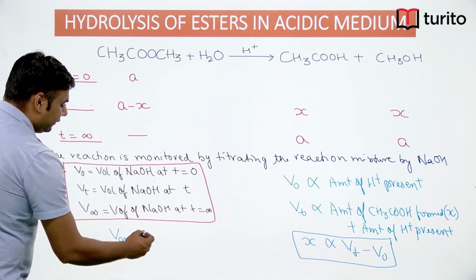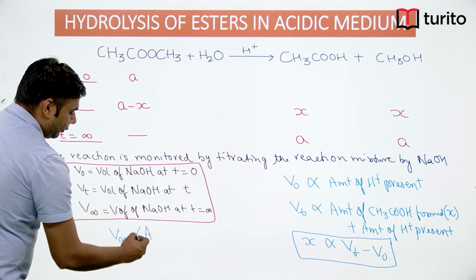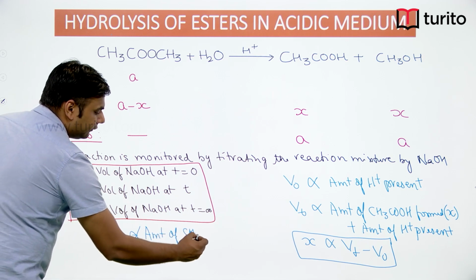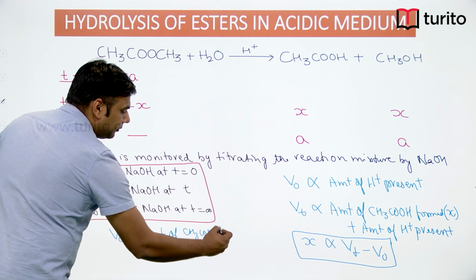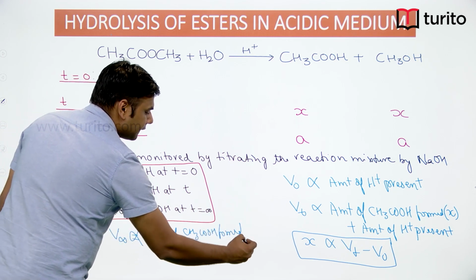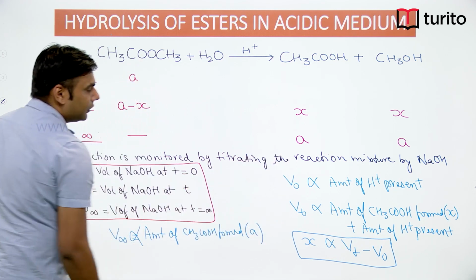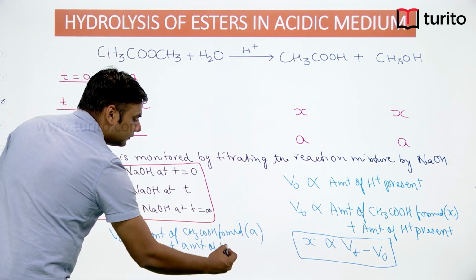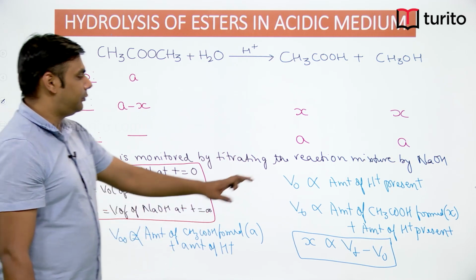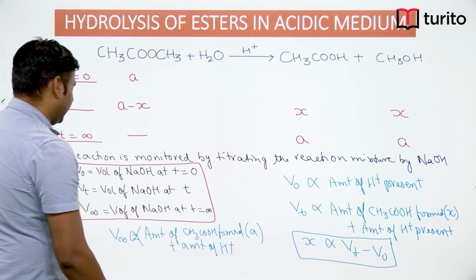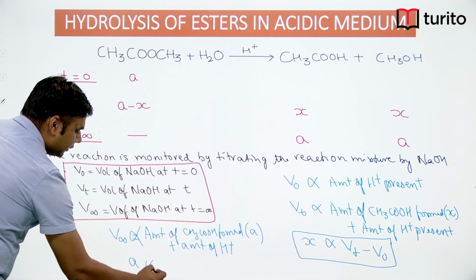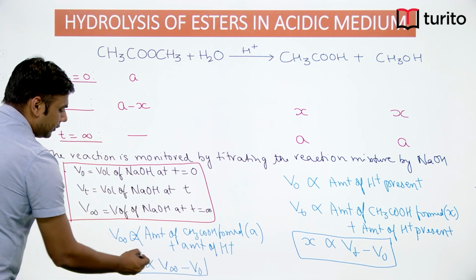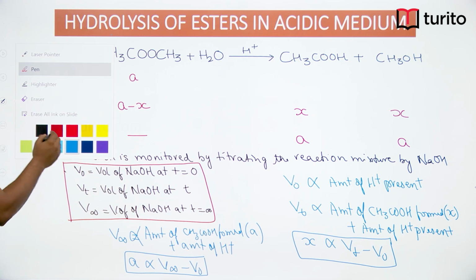So V infinity will be proportional to the amount of acetic acid formed, which is a in this case, plus the amount of H plus. We know that the amount of H plus is proportional to V naught. So we'll say that a is proportional to V infinity minus V naught. Okay. So I hope this is also clear to you.